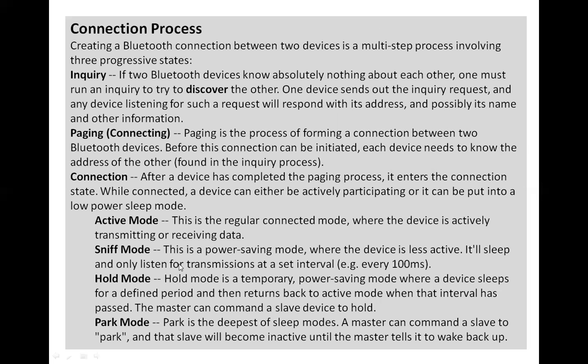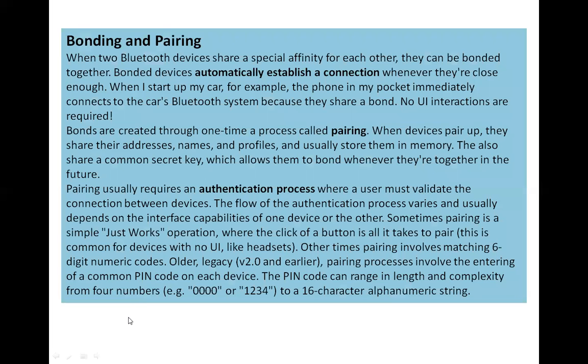So these things you can find under the connections process. Now, how bonding and pairing is carried out between two Bluetooth devices. When two Bluetooth devices share a special affinity for each other, they can be bonded together. Bonded devices automatically establish a connection whenever they are close enough, meaning within the range of 10 meters or less.